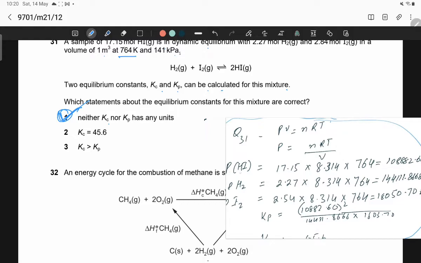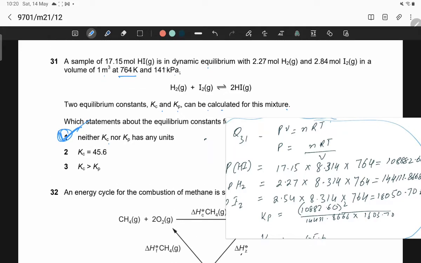So this is the partial pressure of HI. The Kc value is 45.6, with concentration as mole over 1 meter cube.